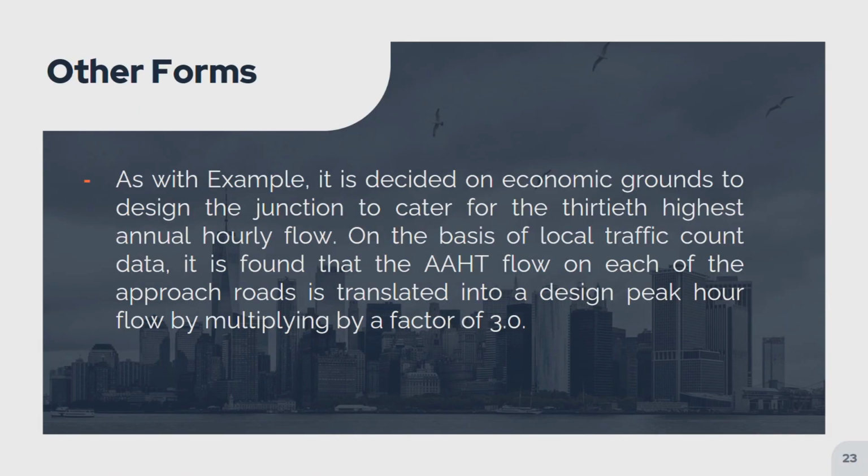As with the example, it is decided on economic grounds to design the junction to cater for the 30th highest annual hourly flow. On the basis of local traffic count data, it is found that the AAHT flow on each of the approach roads is translated into a design peak hour flow by multiplying by a factor of 3.